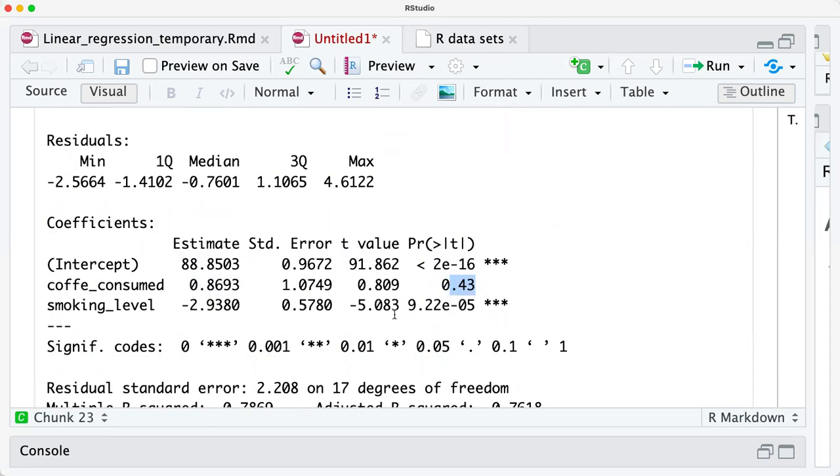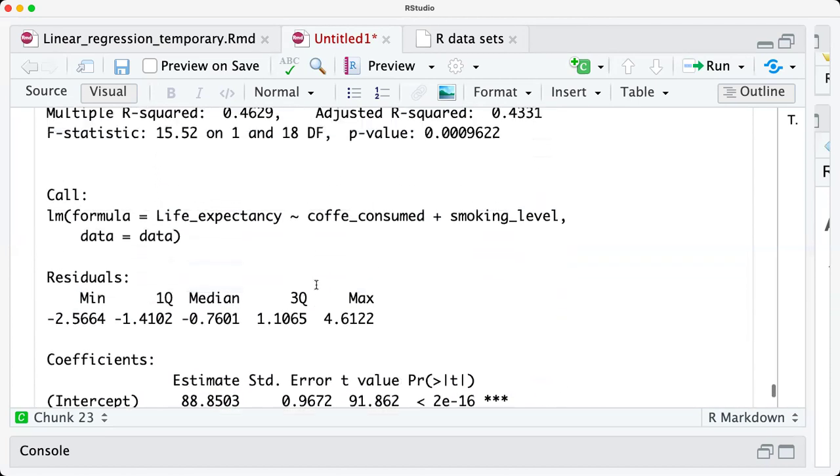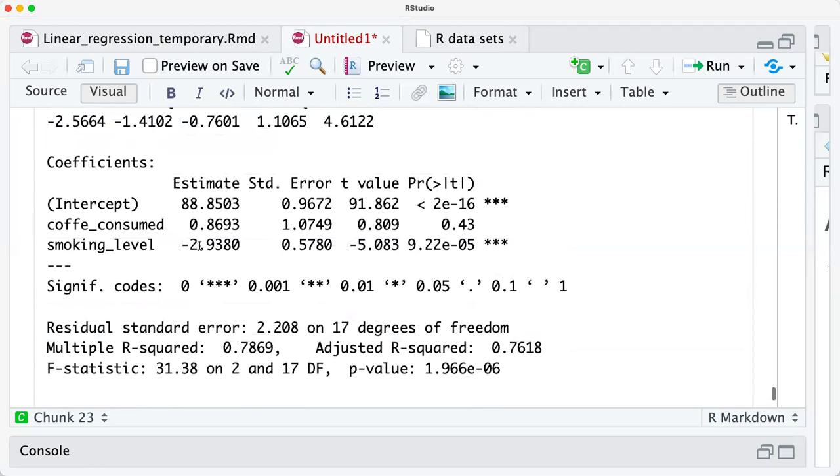So this is a hint in favor of this second diagram, because here it is not significantly different from zero. So you can do this to check the causality diagram.